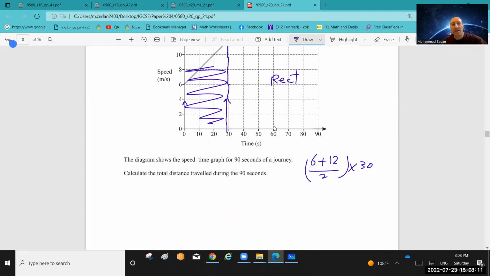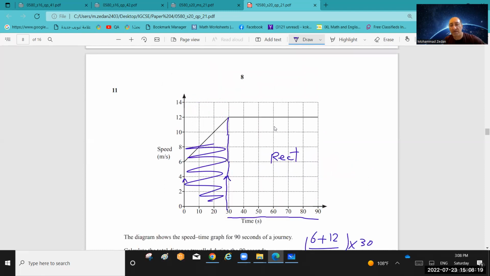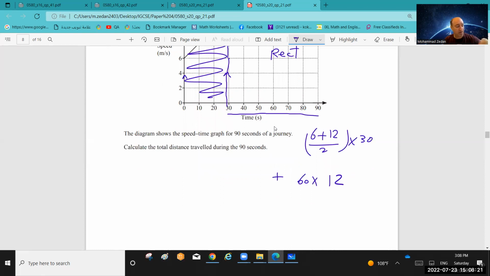Plus the area of this rectangle, this length is 90 minus 30, which is 60, times the height 12. You calculate and you get the answer: 990 meters.